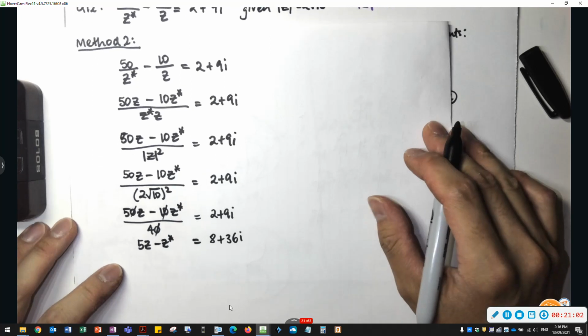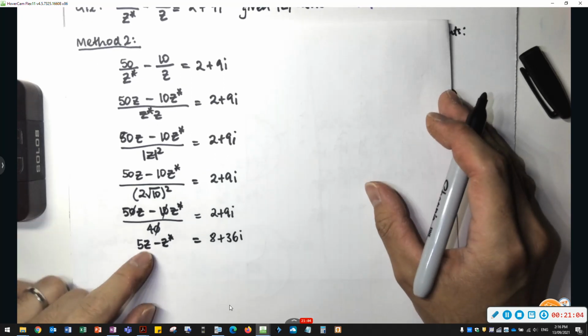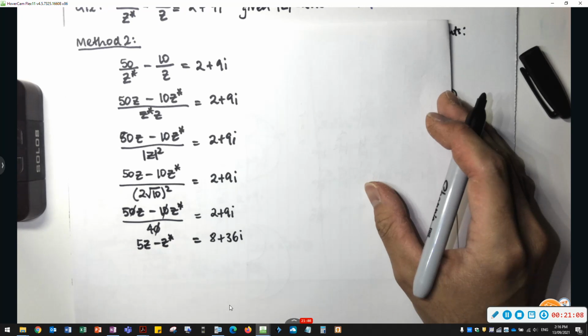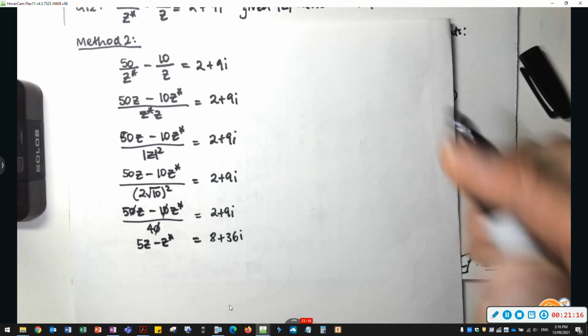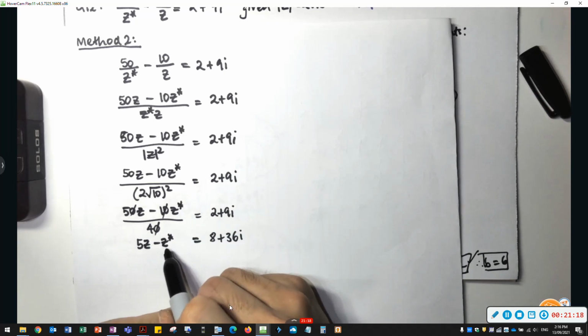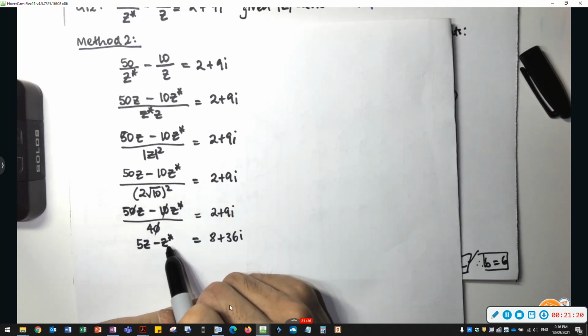Now we need some way to factorize these two. If only they could have something common between the two of them, that would be great. Trying to think here. Z star would be related to the modulus of z squared.